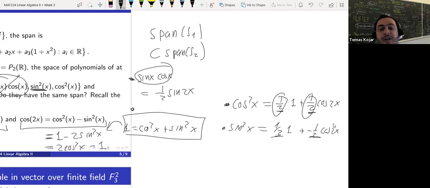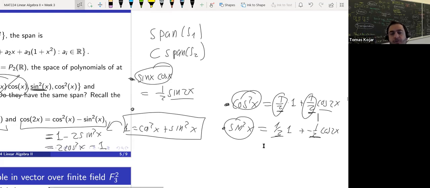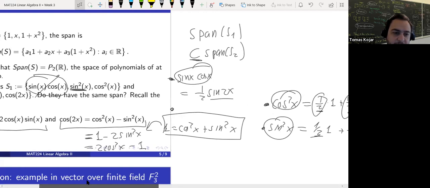Okay, so we generated each of the vectors using the vectors of the other set. Is that okay? So that's the main idea. That's how you show one direction, and the other direction, I already have it, right?